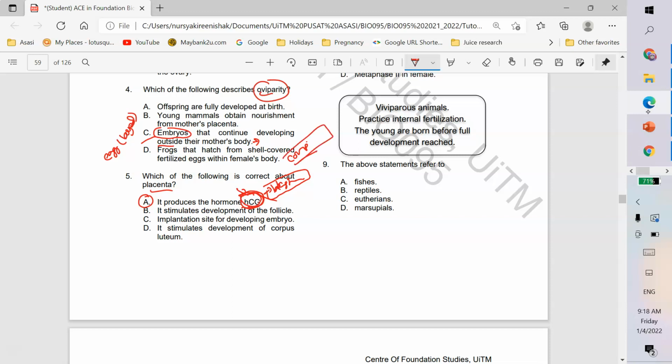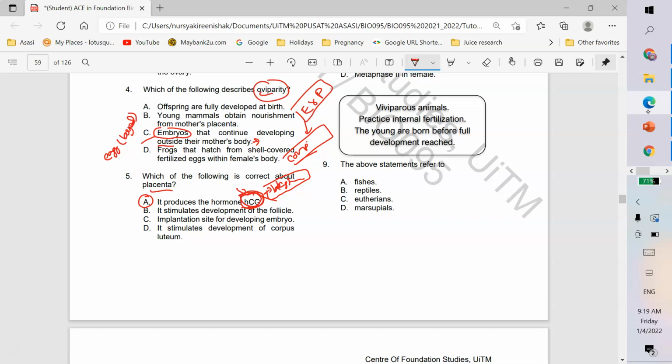Kenapa nak kena maintain corpus luteum? Sebab corpus luteum ni dia akan menghasilkan hormon estrogen and progesterone. Apa fungsi estrogen and progesterone semasa pregnancy? To maintain the thickening of endometrium lining so that the blastocyst can be implanted in the uterine lining, to support the implantation of the embryo.